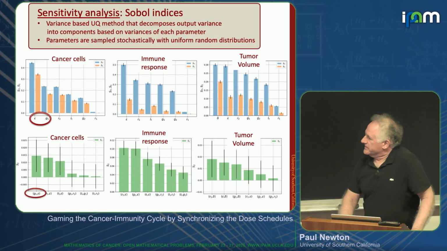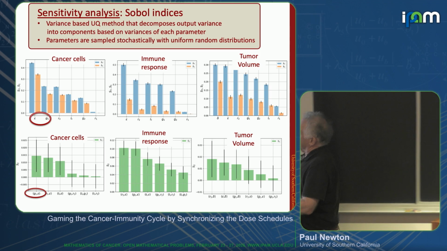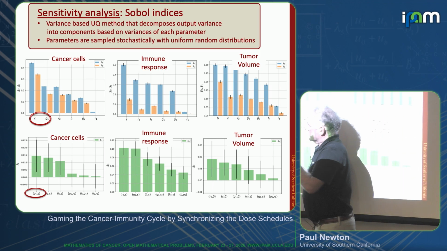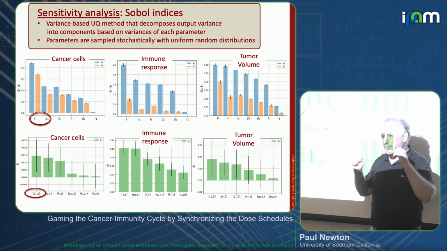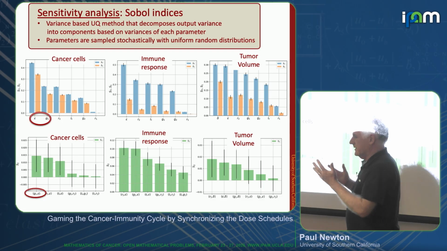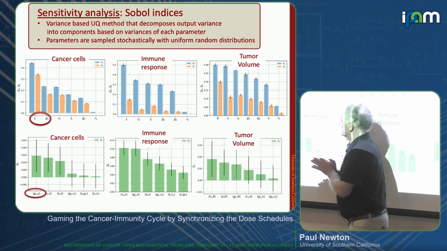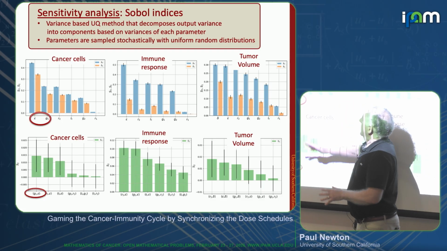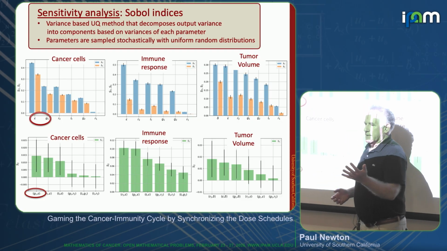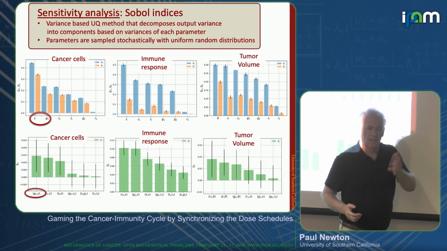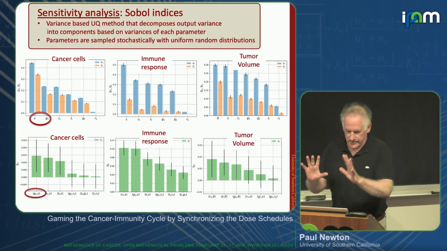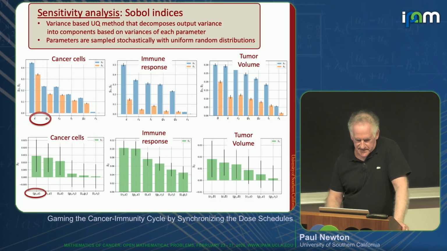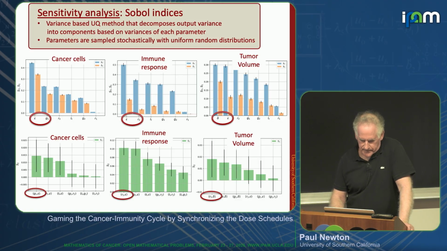The upshot here is that for the cancer cells, the system is most sensitive to epsilon, which was the immune response timescale, how quickly the immune system responds to changes in the cancer cell population, and G1, which was basically the growth phase of the payoff matrix. Anyway, there's a lot to say about sensitivity analysis, but it's interesting and worthwhile, I think.